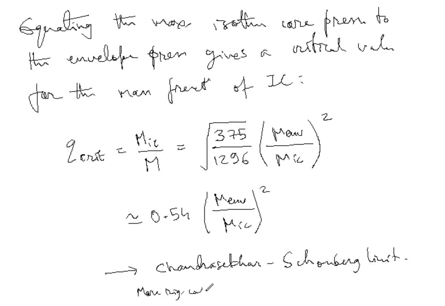Okay, a more rigorous calculation, actually using the polytropic model, gives us this constant value to be approximately 0.37. Q critical is 0.37 into (mu envelope divided by mu IC) whole square. So let me do the interpretation.